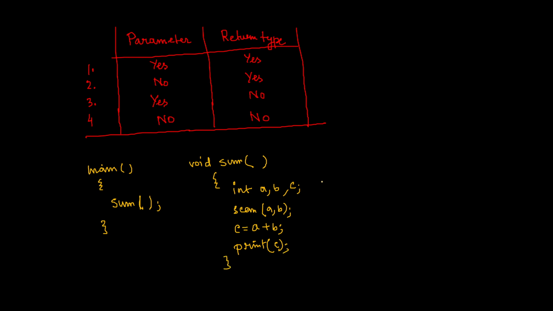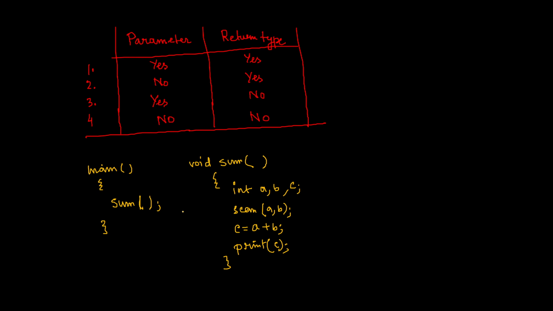It's as if the entire simple code of addition in the main program you have copied in the sum function and you have just called the sum function once. That's all. As simple as that. So using this particular case you can solve any purpose.